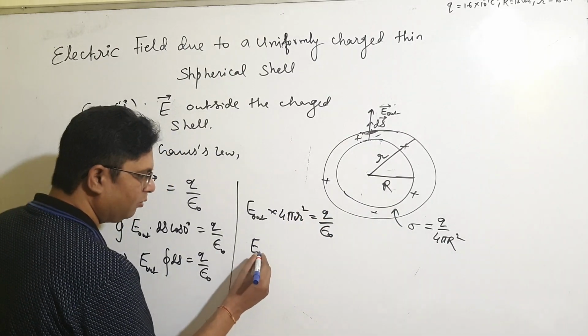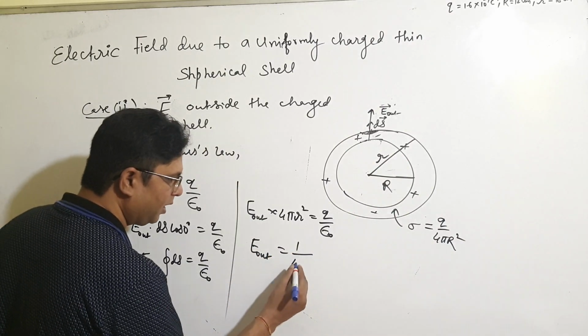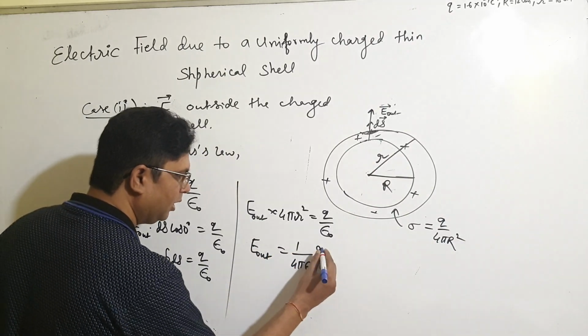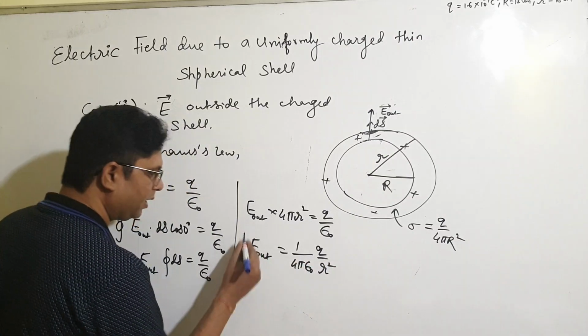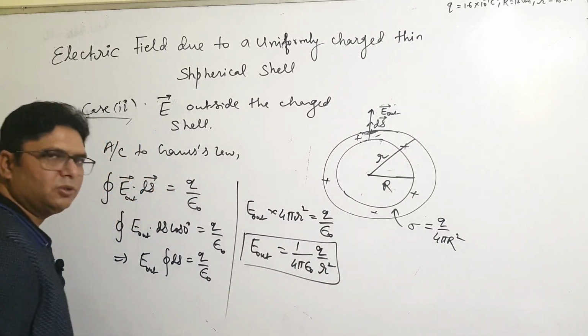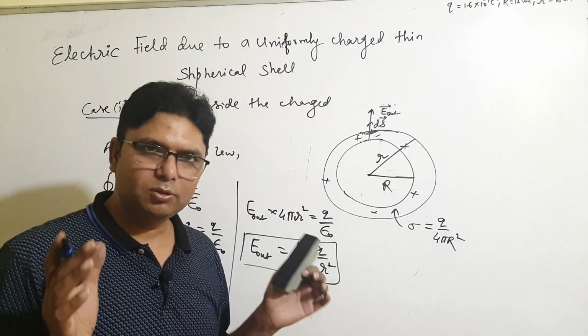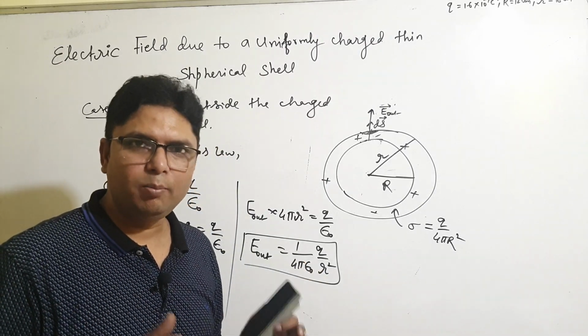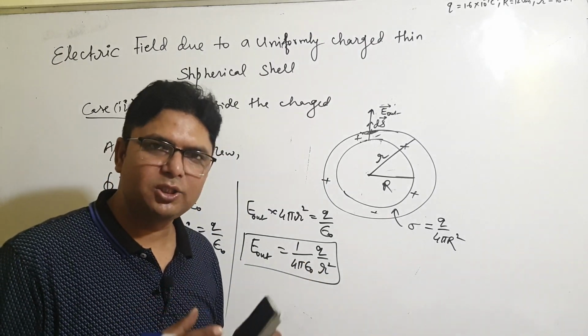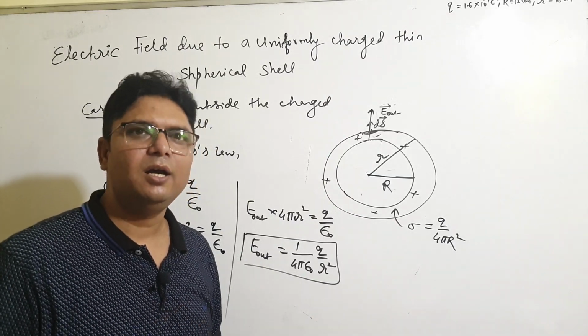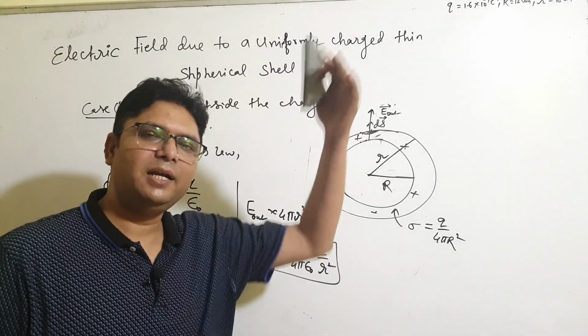So E outside is equal to 1 by 4 pi epsilon naught, q upon small r square. This is equal to the electric field due to a point charge. So a charged shell behaves as a point charge if you are taking the point outside the charged shell.